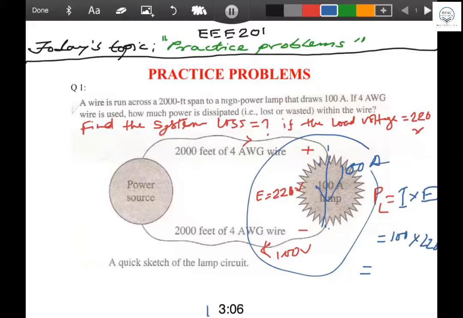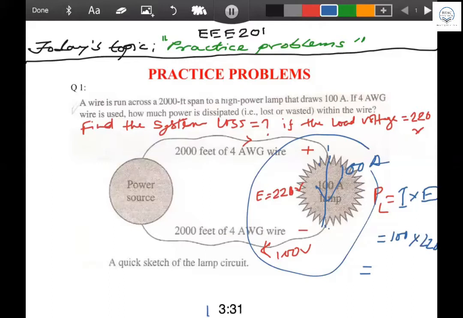So wire power and light power added together give you the total power supplied by the power supply. Voltage is required here to calculate how much power the light is consuming. So this voltage is the voltage across the light.